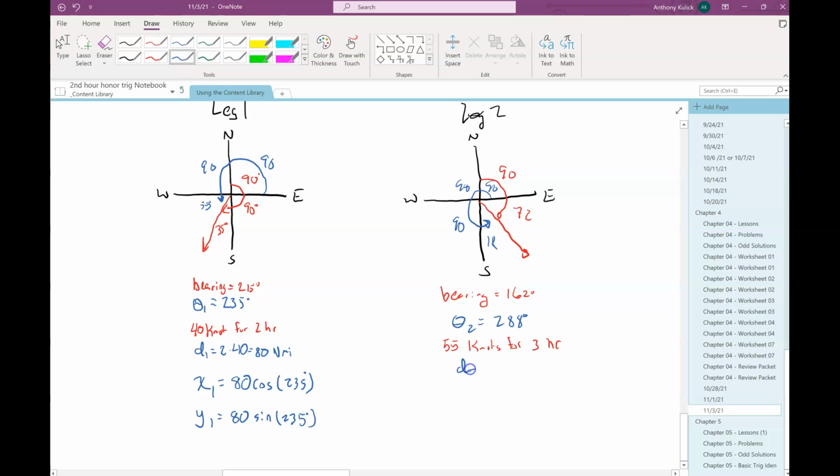So the distance traveled this time would be 165 nautical miles. So the horizontal component for this trip is going to be 165 cosine 288, and the vertical would be 165 sine 288.